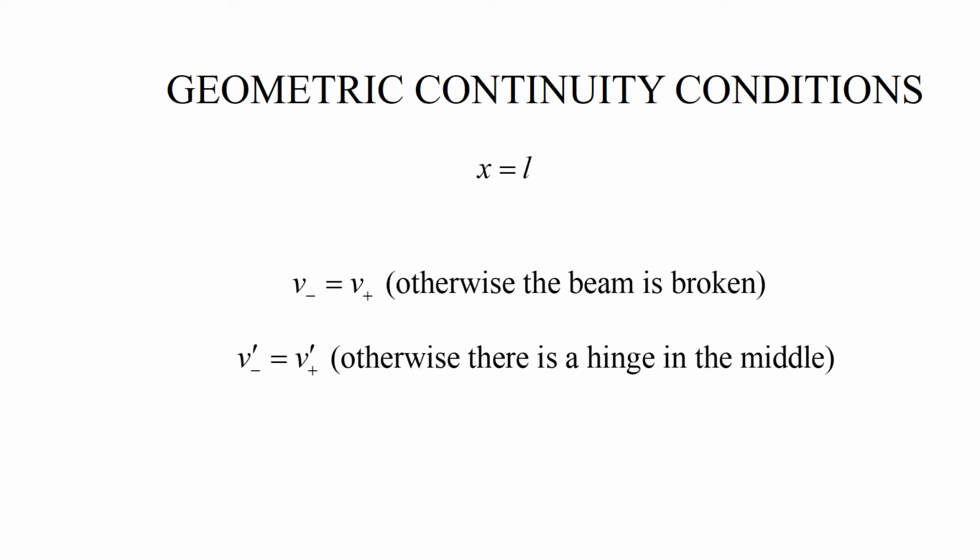So the elbow is a hinge, and if you look at the elbow, V prime minus is not equal to V prime plus, because the upper and lower arm can bend at different angles, right? But for your upper arm, this condition holds unless, God forbid, you have an open broken bone, right? So we don't want to look at those.